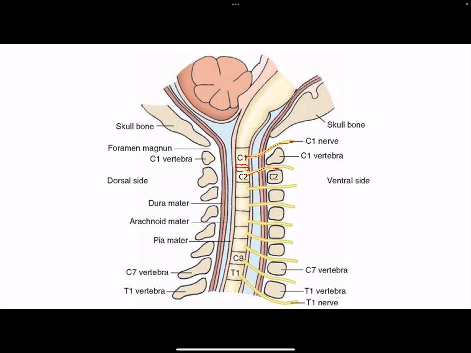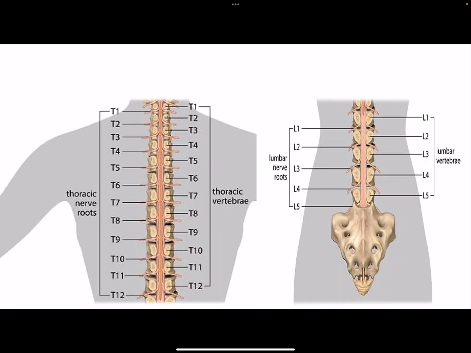And if that goes below, then that means that everything after that is also going to go below. So if we're looking at the T1 vertebra, the T1 nerve root is going to be below. And if the L1 vertebra, the L1 nerve root is going to go below. So if that didn't make sense, just memorize that the cervical nerve roots will always exit above their corresponding vertebrae and discs. And then for the thoracic and lumbar, it's going to be below.